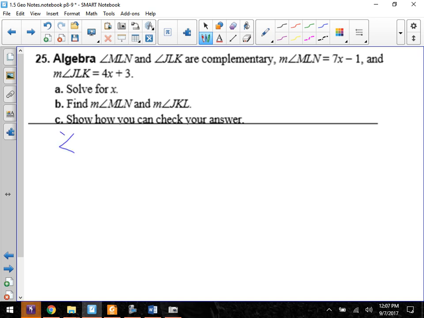So we know by definition, just by definition, it tells you they're complementary. Write down what that means. Angle plus angle equals 90. Remember, complementary angles don't necessarily have to be sharing the same vertex. Remember, they can be in two separate spots. Sometimes they are, sometimes they aren't. And you know what they are then? 7x minus 1.